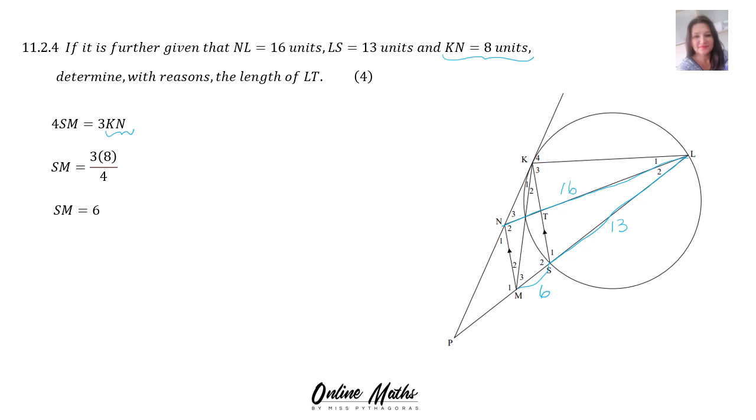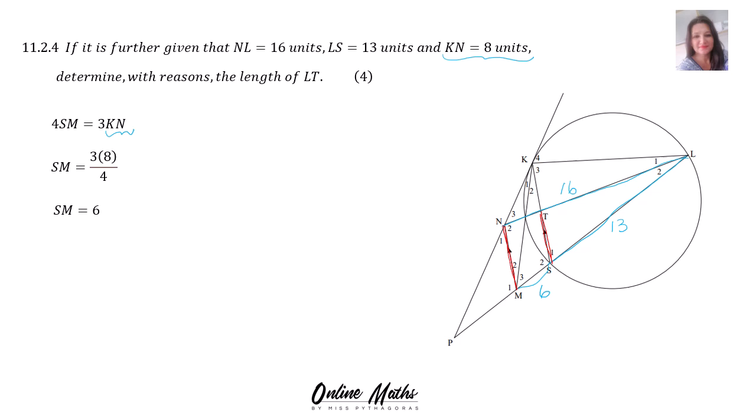Now do you agree? We've got a triangle here, triangle LNM, and we find that TS is parallel to NM.